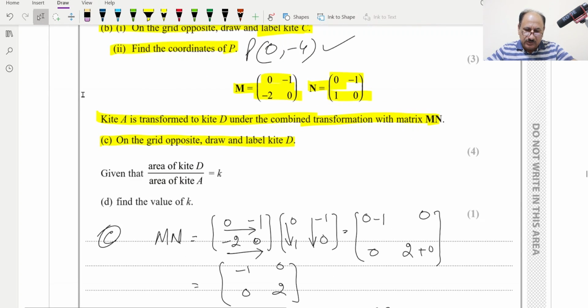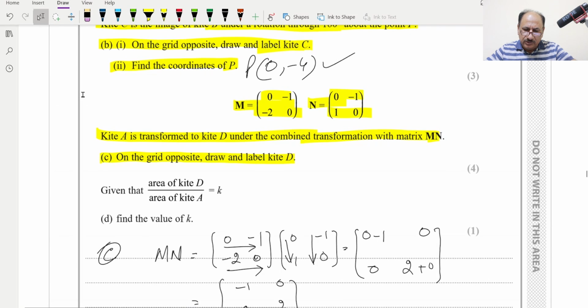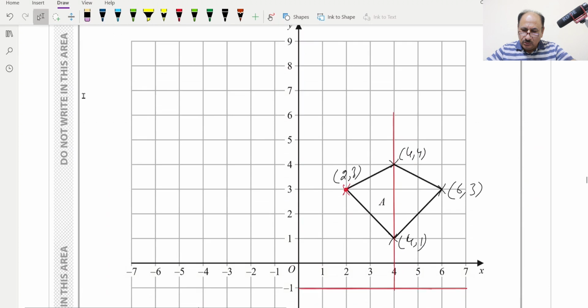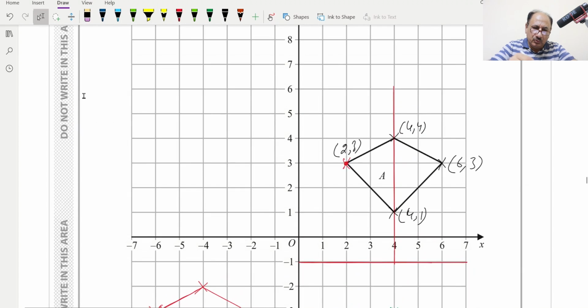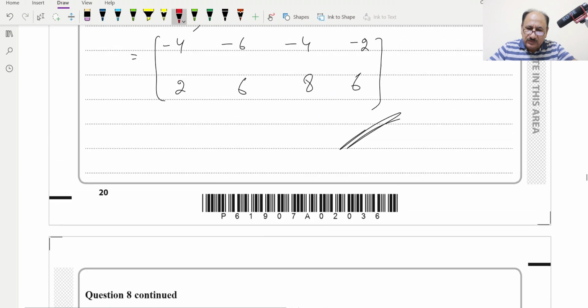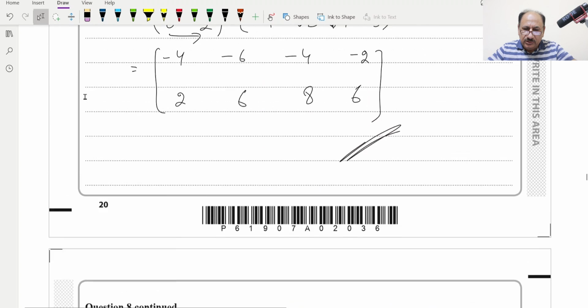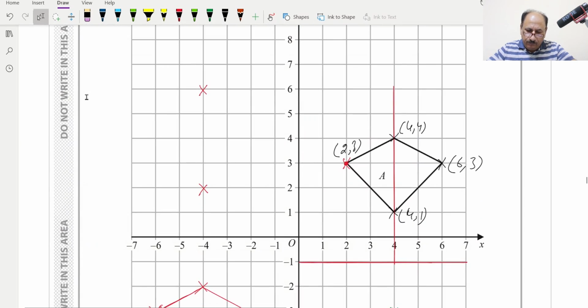So this will be basically the transformation. And they are asking on the grid opposite, draw and label the kite D. So we can draw this kite: minus 4, 2 will be this point, and next is minus 6 and 6, then comes minus 4 and 8.